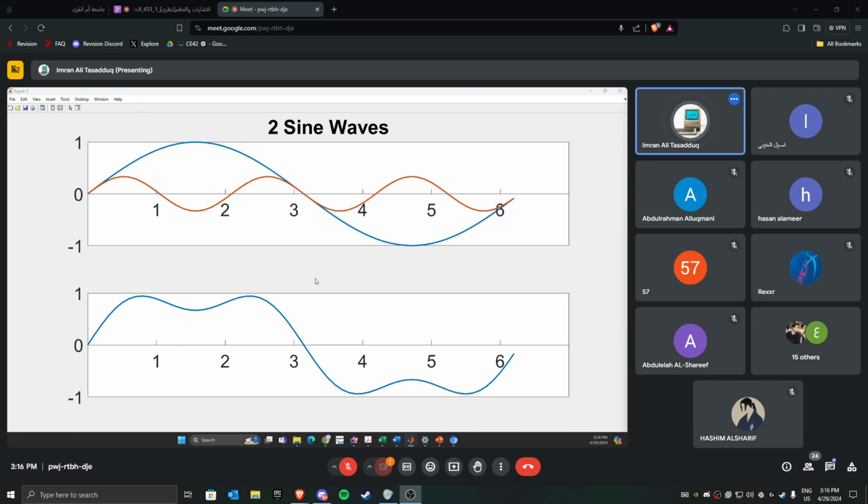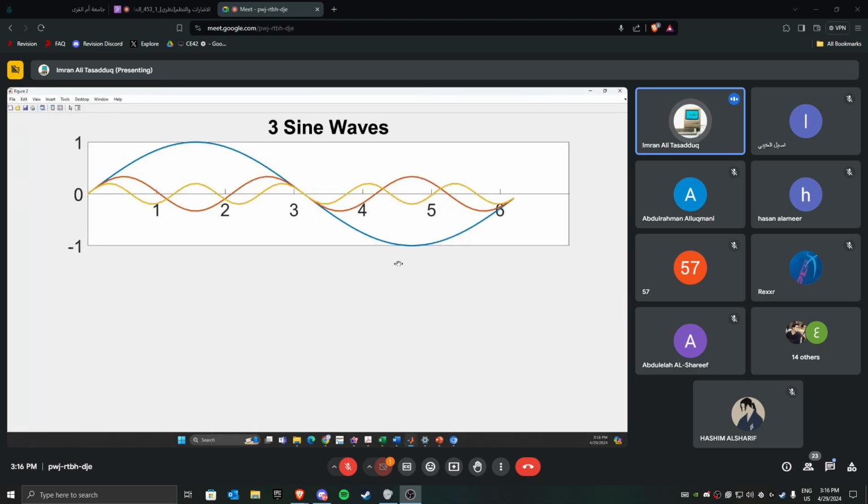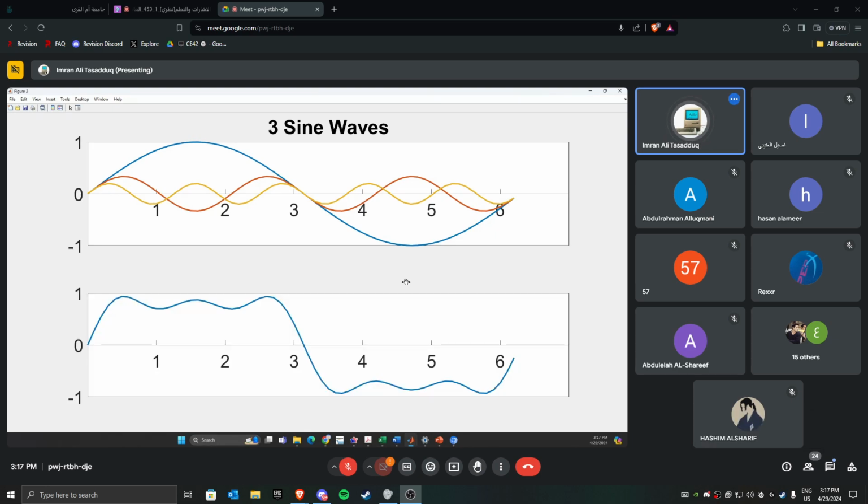It's plotting it in. I'll have to keep moving it here. So now I have three sine waves. The blue one has one cycle, the orange one has three cycles, and the yellow one has five cycles. When I add these three, this is what I get.